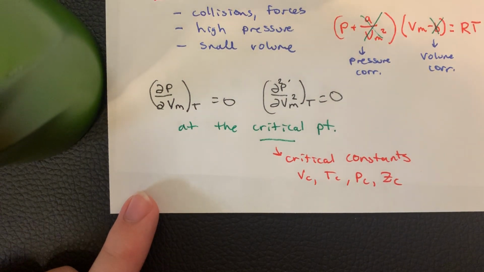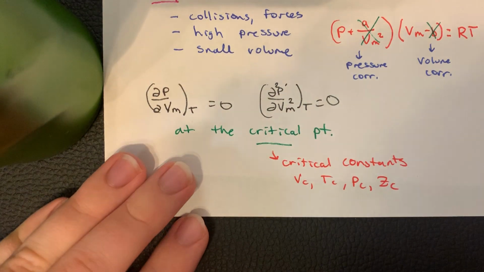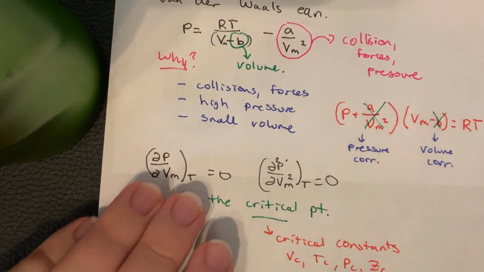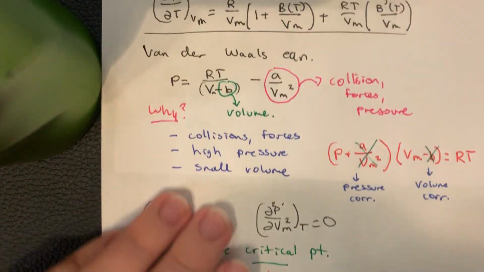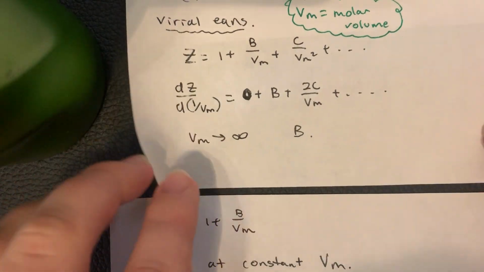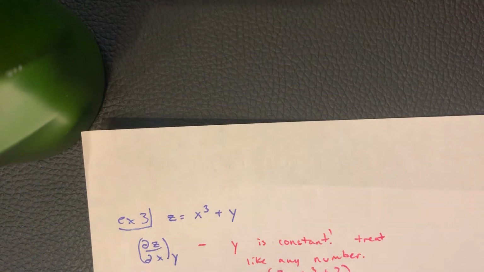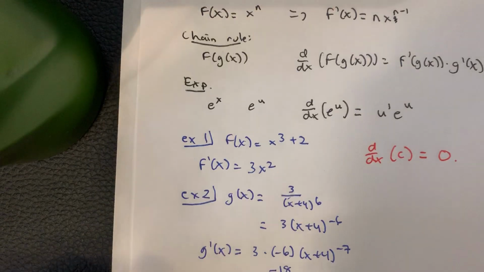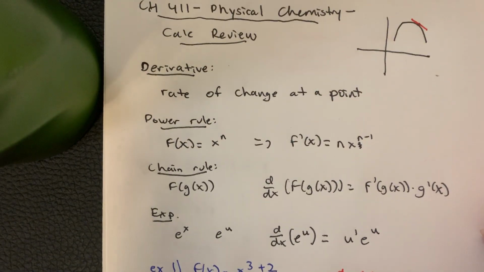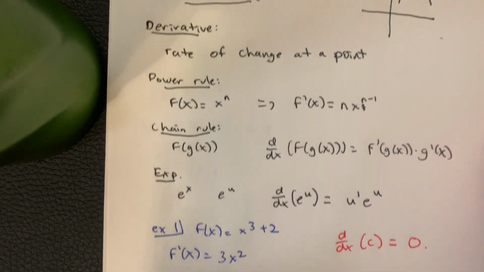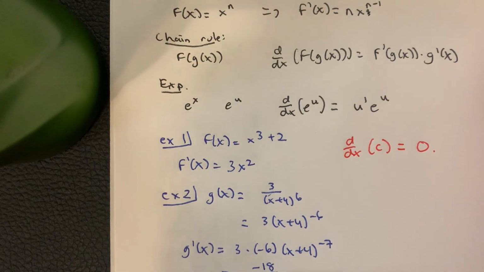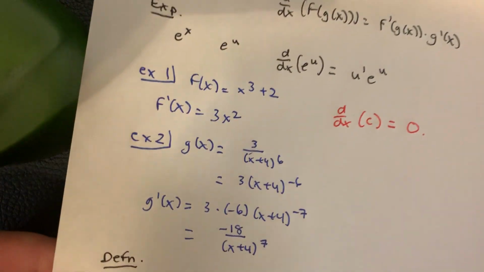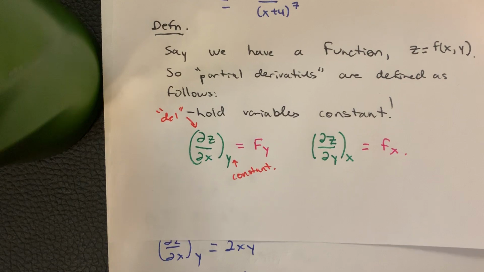So just to recap then, you should know a little bit about what a derivative is. So if we slide back to the first page, it's a rate of change at a point. We went over some rules, some examples, the definition of a partial derivative.